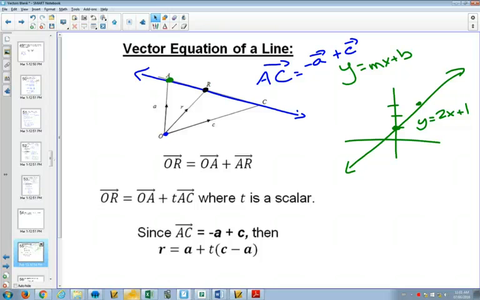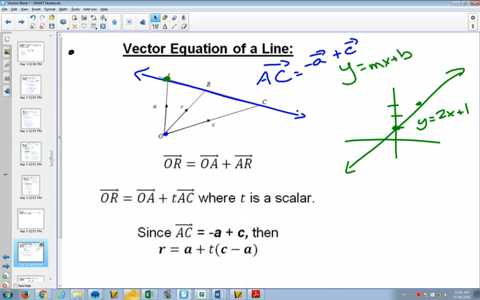For example, if we started at A and said, let's go a distance of 2 in the direction of AC, it would get us maybe to point R. If we made that distance further, it might get us here. If we make that distance negative, it will go backwards along that line.